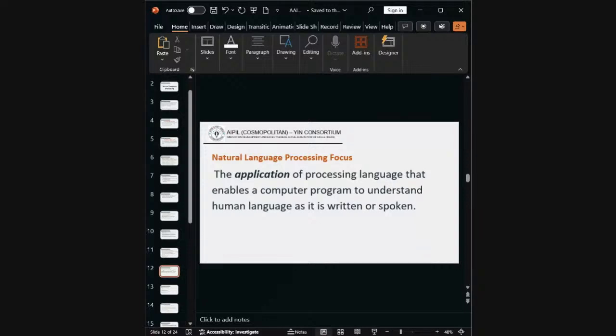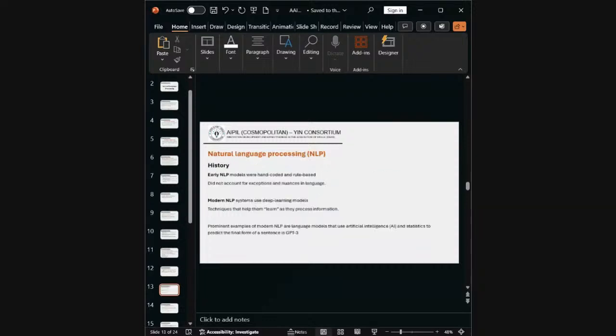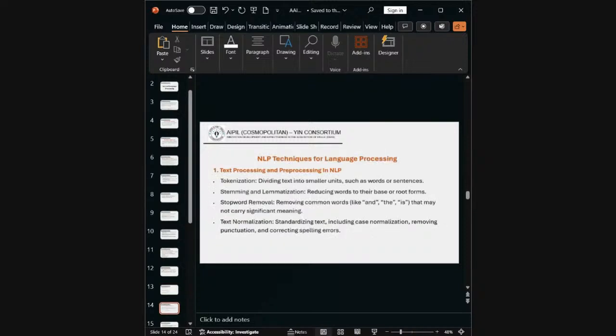And so we looked at what we are focusing on as far as our natural language is concerned. And we talked a little bit about the history of natural language processing, how it was in the early stages and what we are experiencing now.